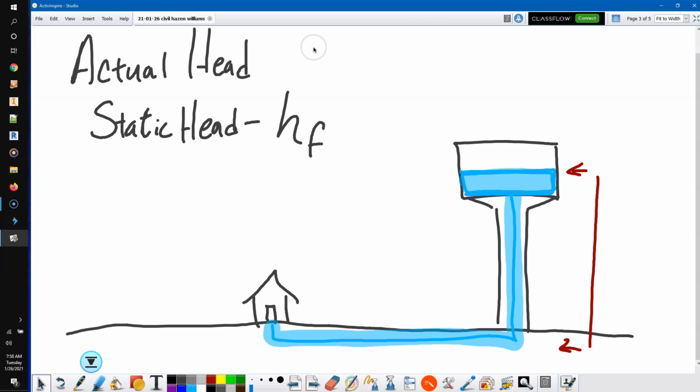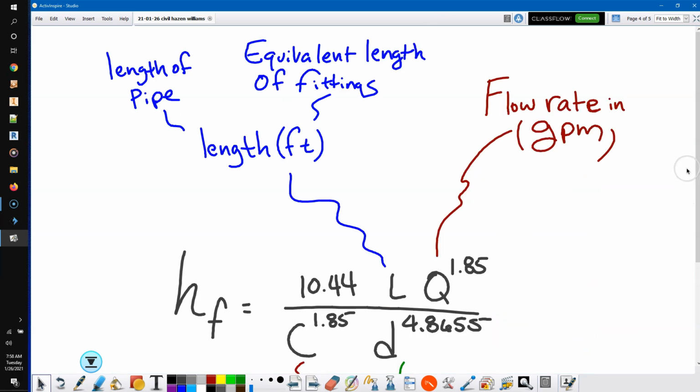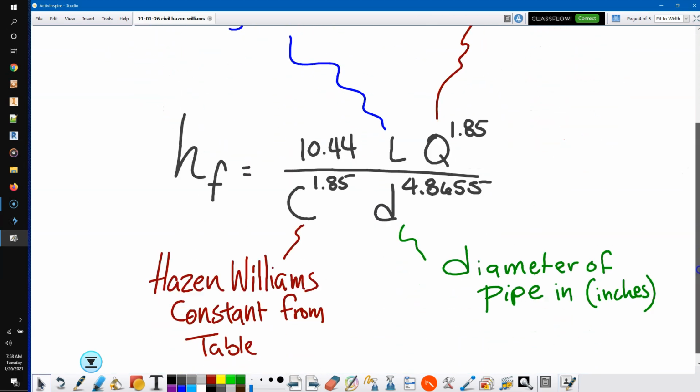So this is where it gets interesting. Let's take a look at the formula right here.